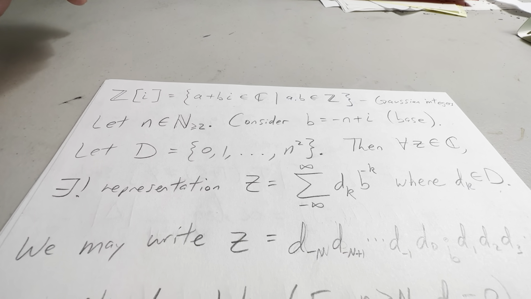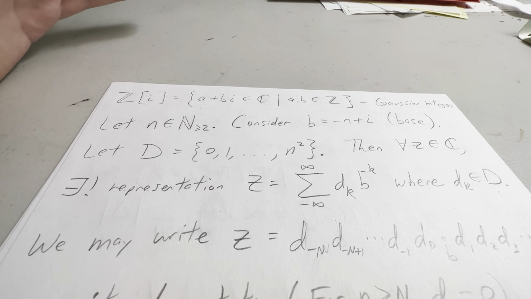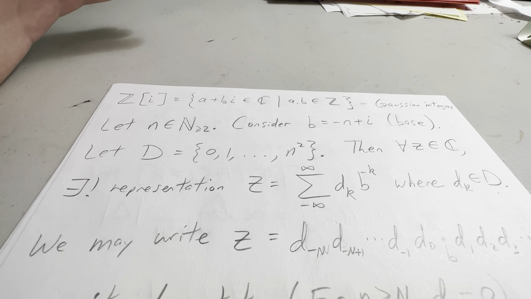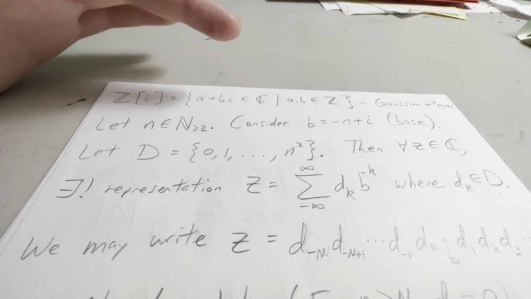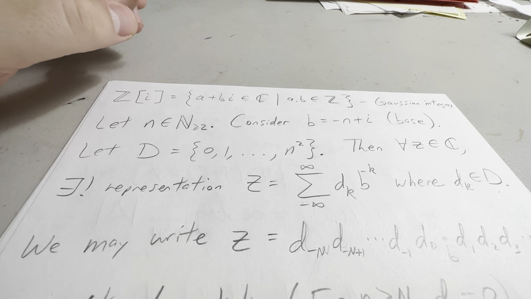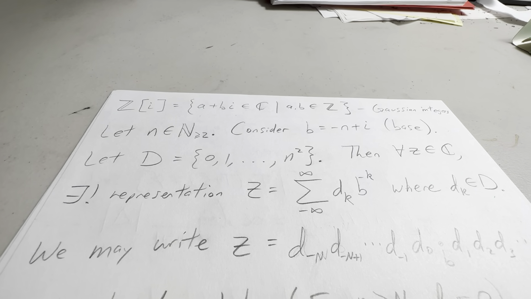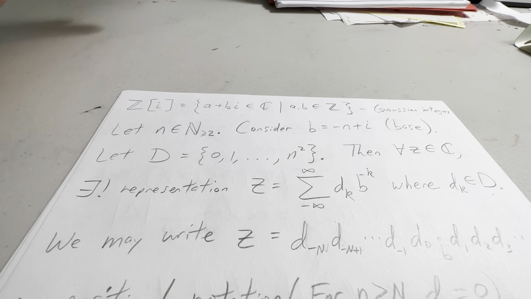So we label the digit set D here. For example, if you choose the base negative 2 plus i, then your digit set would be 0, 1, 2, 3, and 4. If you choose n equal to 3, you'll get 0 through 9, like the normal decimal digit set.